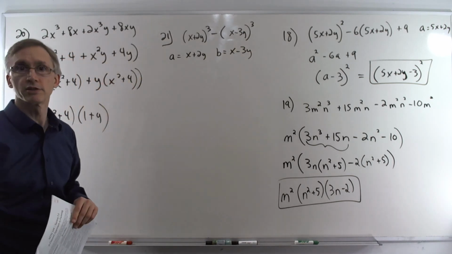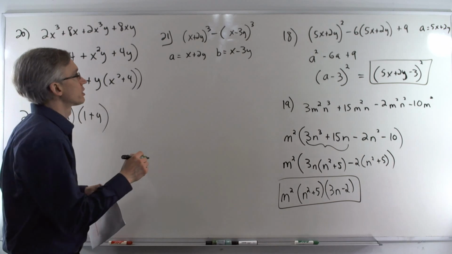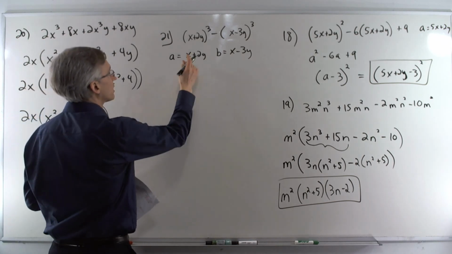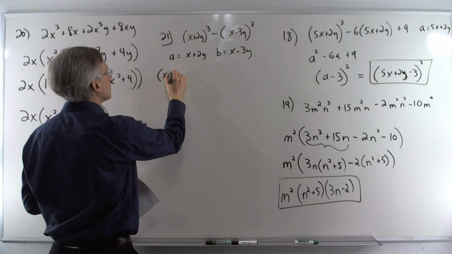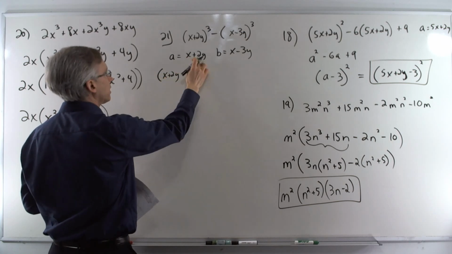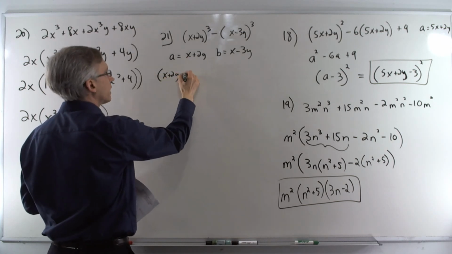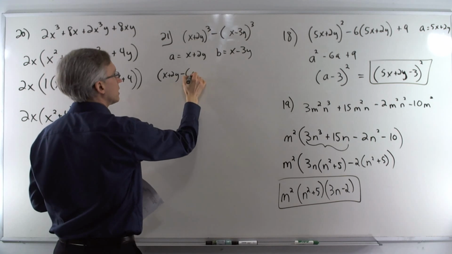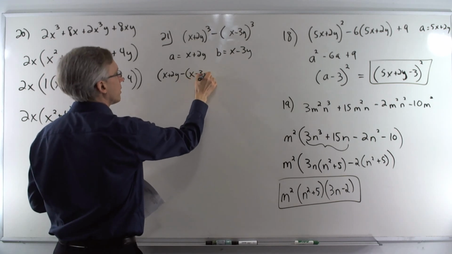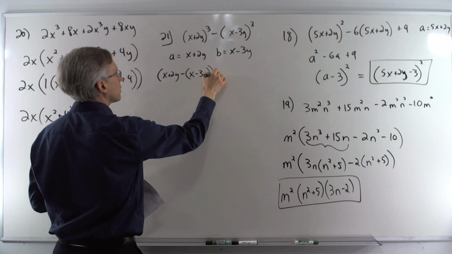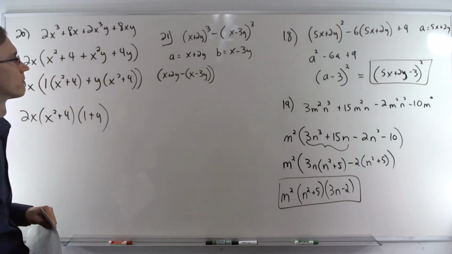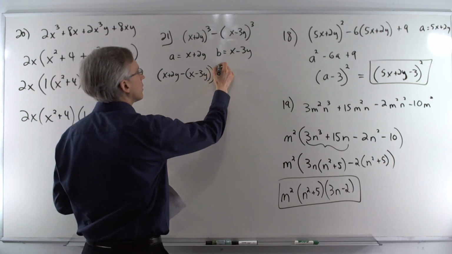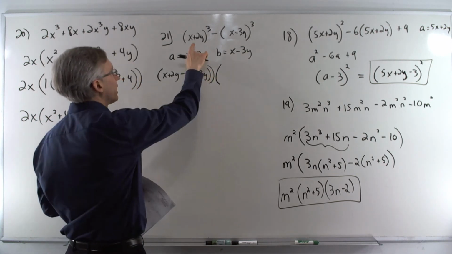Now we can plug those into the difference of cubes formula. So first thing is going to be A minus B. So it'd be A, x plus 2y, minus, in parentheses, x minus 3y. Now the second part, we need A squared.